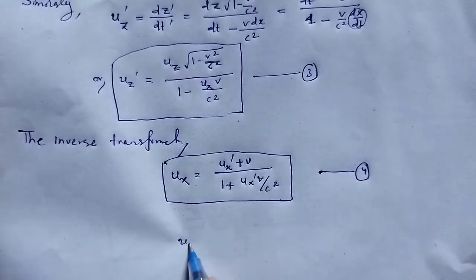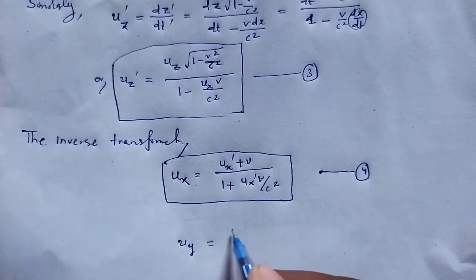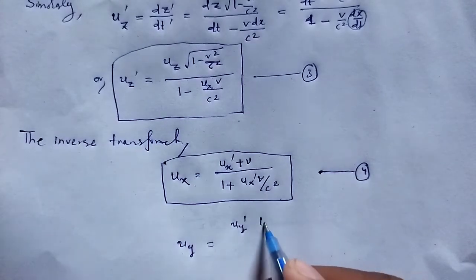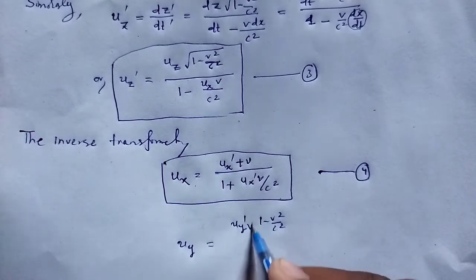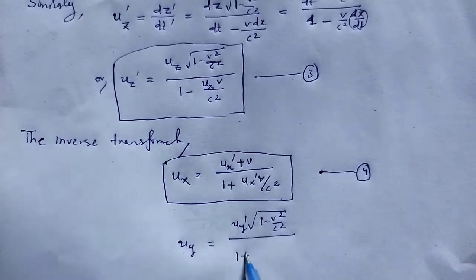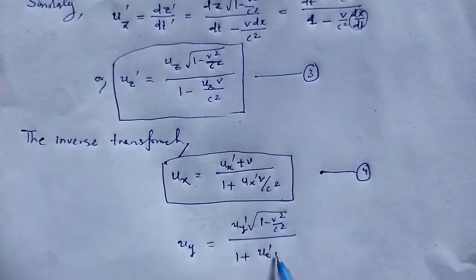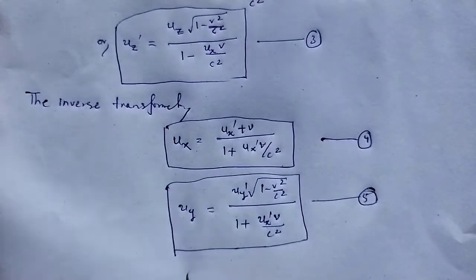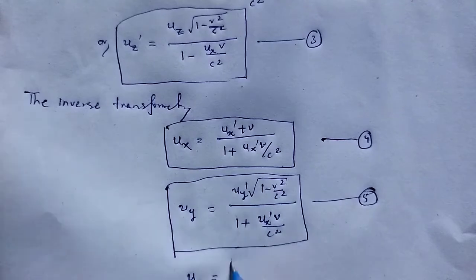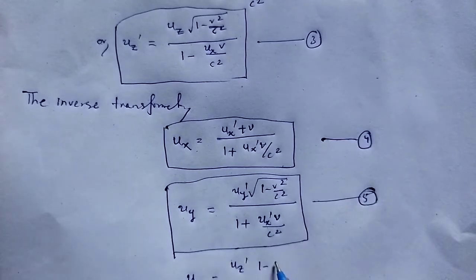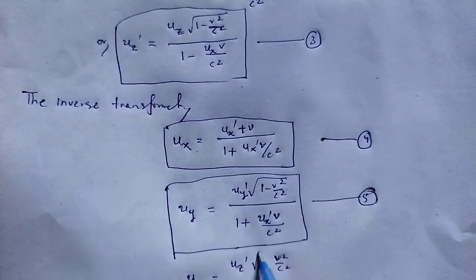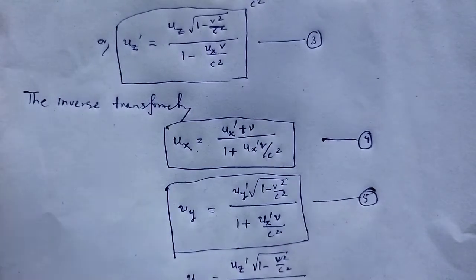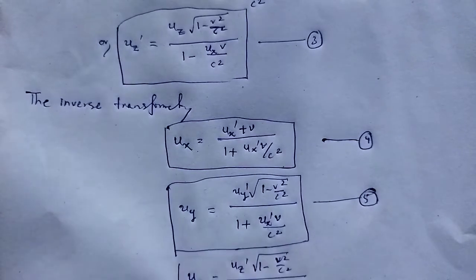Again uy is equal to uy dash square root of 1 minus v square by c square divided by 1 plus ux dash v divided by c square. Equation number 5, uz is equal to uz dash square root of 1 minus v square by c square divided by 1 plus ux dash v divided by c square.